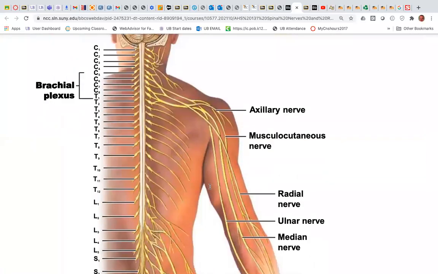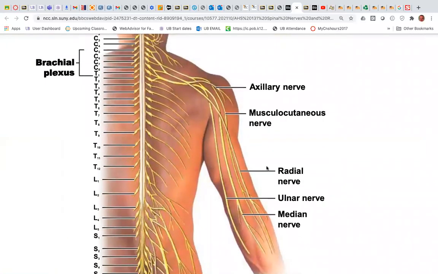Now let's look at the brachial plexus and some of its terminal branches. The axillary nerve is important. The axillary nerve goes to the deltoid and teres minor muscle that we covered on the last exam. So if there's damage to the axillary nerve, the person may not be able to abduct their shoulder, bringing it out to the side, which is the major function of the middle deltoids.